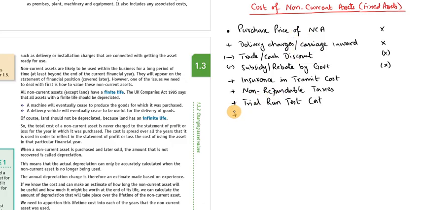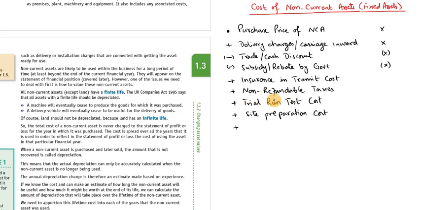And we can add up the site preparation cost. If we have some special kind of machinery and we have to do some construction to prepare the site for the particular plant, the expenditure incurred for site preparation for a particular non-current asset will also be part of the non-current asset.